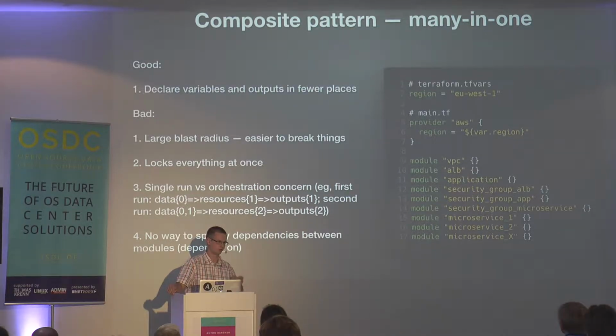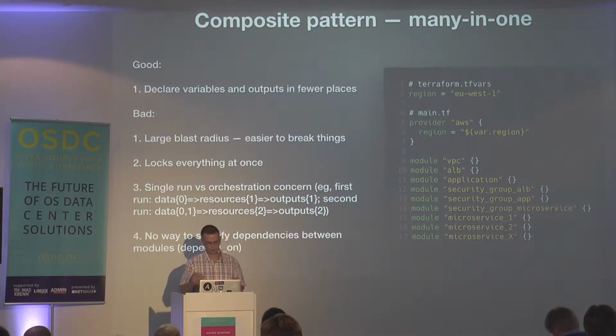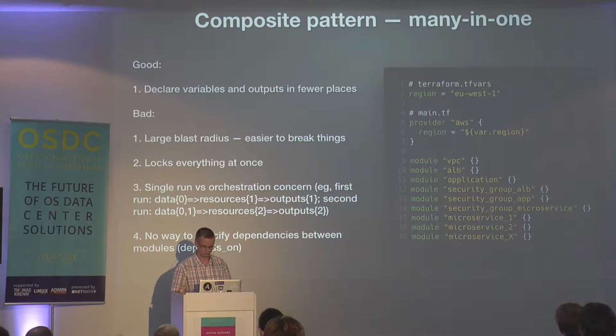Because data sources which are called at the very beginning of Terraform may not be available for the resource which is going to be created. So you need to somehow chain the invocation of this. And there is no way to specify dependencies between modules. There are some workarounds, but they don't look so nice. So in general, this is a very problematic approach.